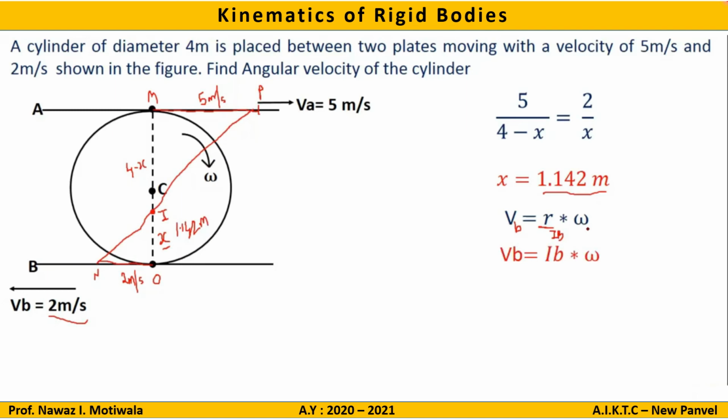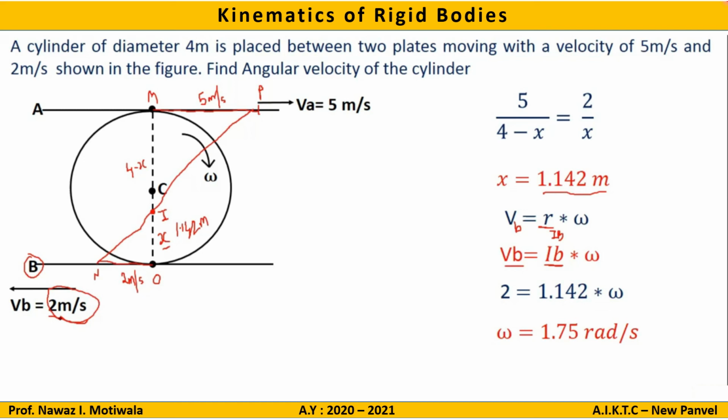So I will write VB equals IB into omega, where IB means this one, I to B. IB we already found out as x, which is 1.142, and VB is already given to us as 2 meters per second. Substituting this, I get omega as 1.75 radian per second. So again, exactly similar to the previous problem.